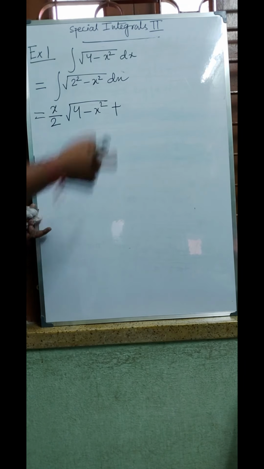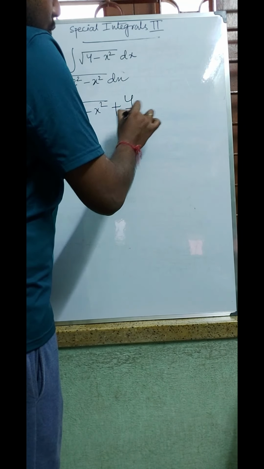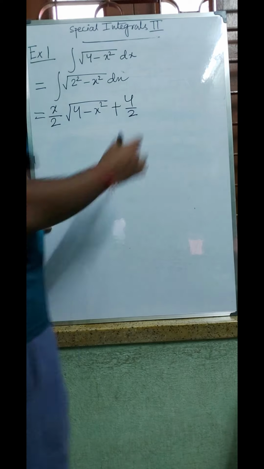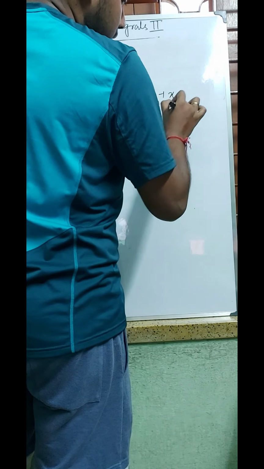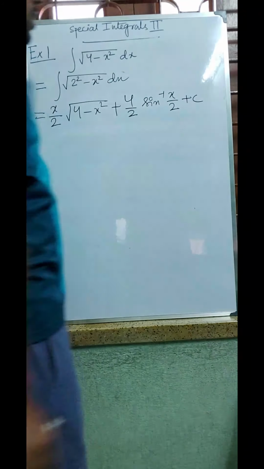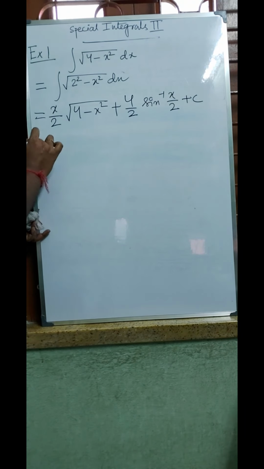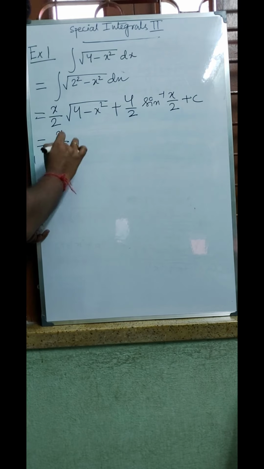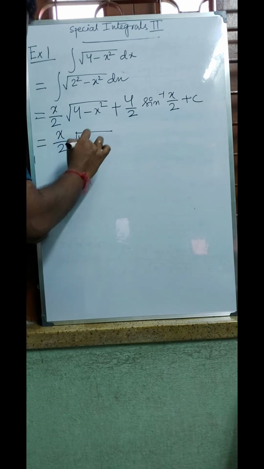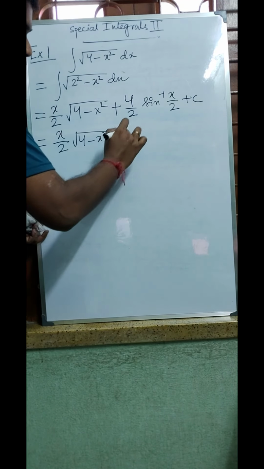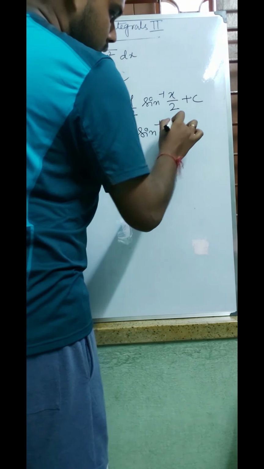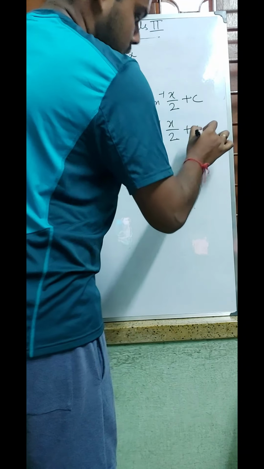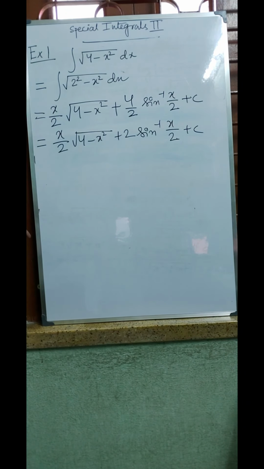So a square here is 4, so therefore 4 by 2, sine inverse x by a, plus c. Or if you just rewrite it, x by 2 root of 4 minus x square plus 2 sine inverse x by 2 plus c. This is the problem.